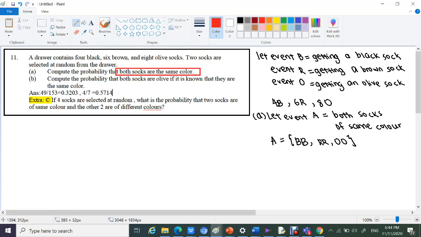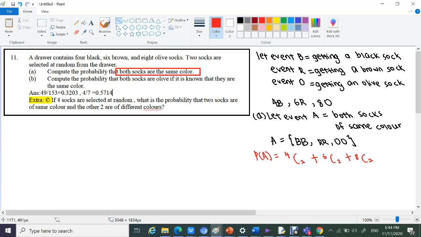And then how can we do it? Okay, so we know that our probability of A is equal to: we have 4 black socks, we choose 2, or we can choose 2 from the brown socks, or we can choose 2 from the olive socks.